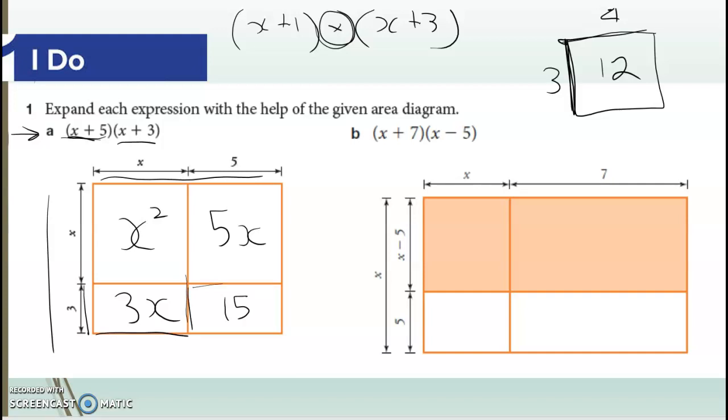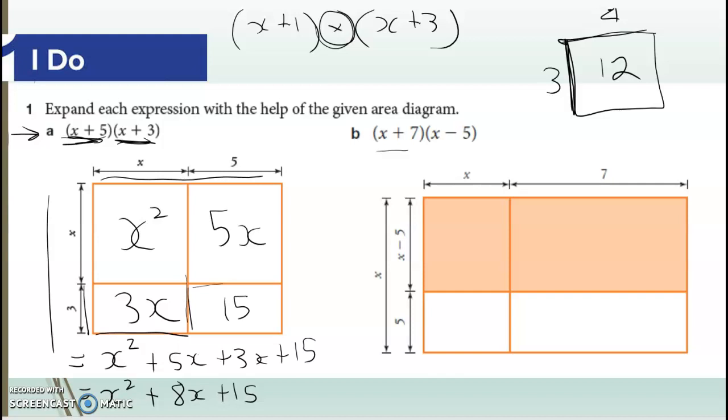And so the total area here is all of these combined. X squared plus 5x plus 3x plus 15. X squared plus 8x plus 15 when I collect like terms on that previous line. Now that was a straightforward one where I had two pluses. Let's have a look at part B here.